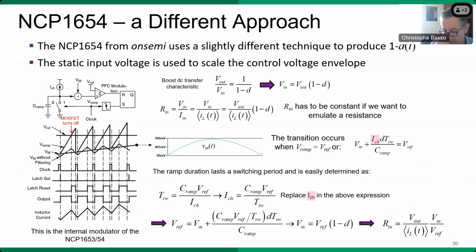There have been a few implementations of integrated circuits that could provide sinusoidal input current without sensing the voltage. The NCP1653 is another type of what we call predictive control. In this type of circuit, a ramp is classically created by having a capacitor C ramp charged by a constant current.